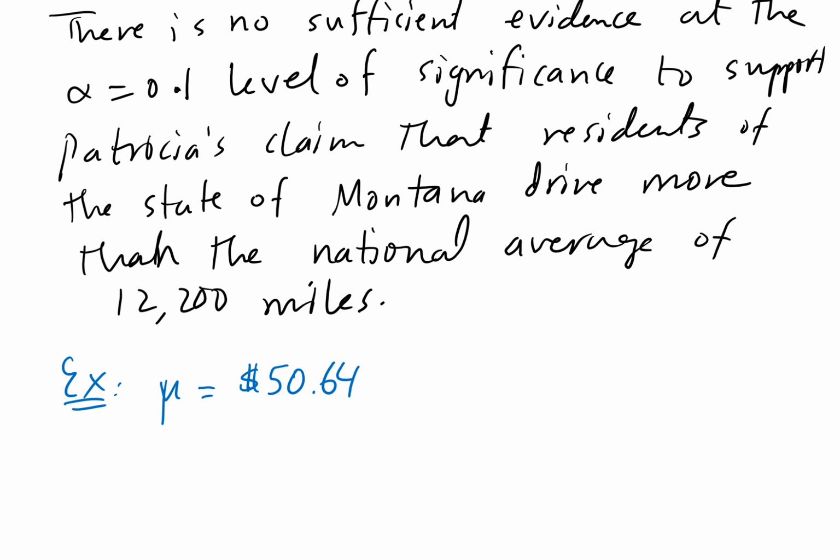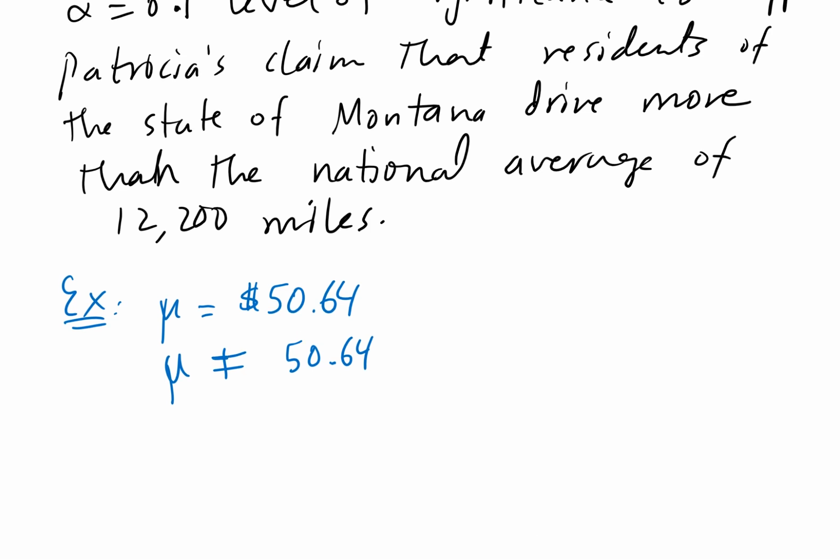A market researcher believes that the mean monthly cell phone bill is different today, but is not sure whether the bills have declined because of technological advances or increased due to additional use. So the researcher believed that the mean should not be 50.64.